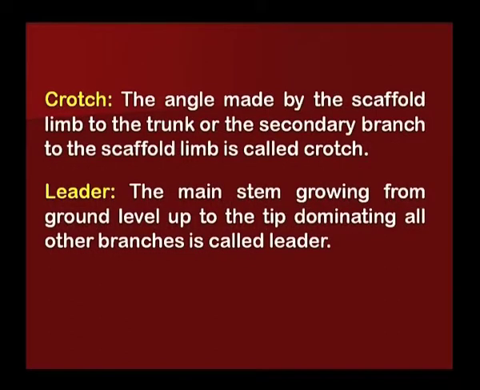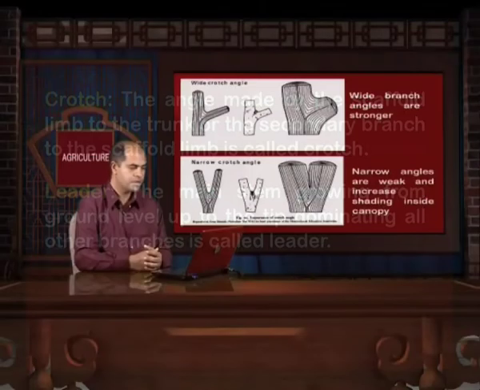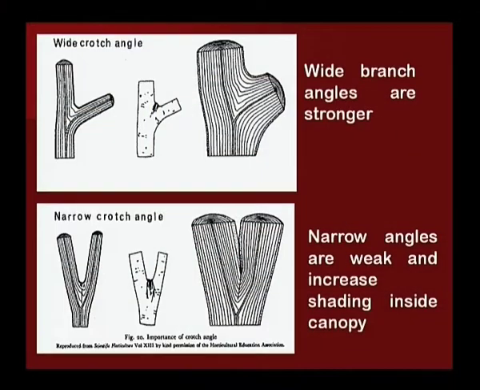The angle made by the scaffold limb to the trunk or the secondary branch to the scaffold limb is called crotch. The main stem growing from ground level up to the tip dominating all other branches is called leader. This slide shows the wide crotch angle and the narrow crotch angle.